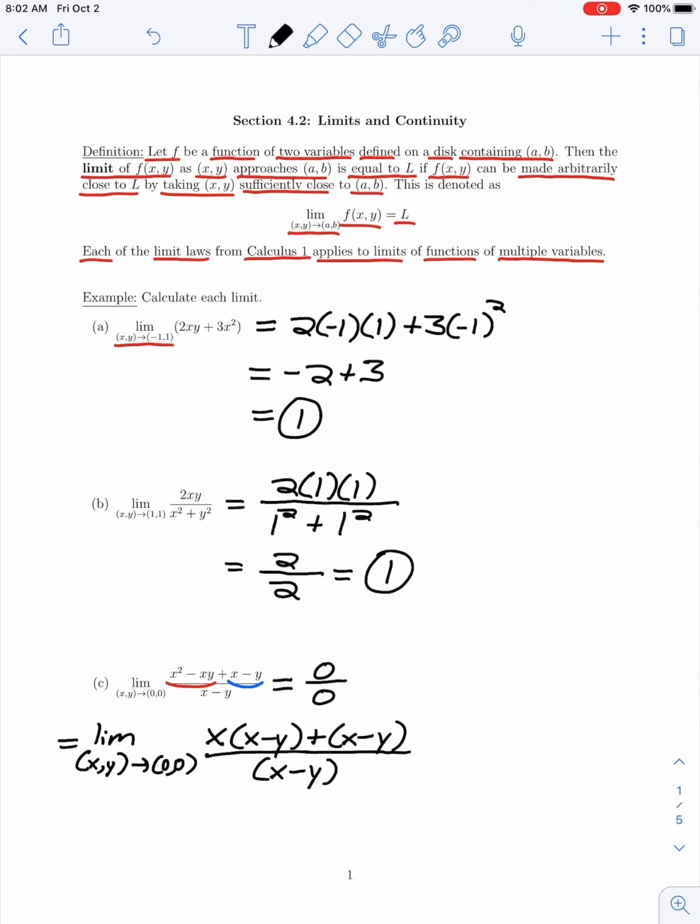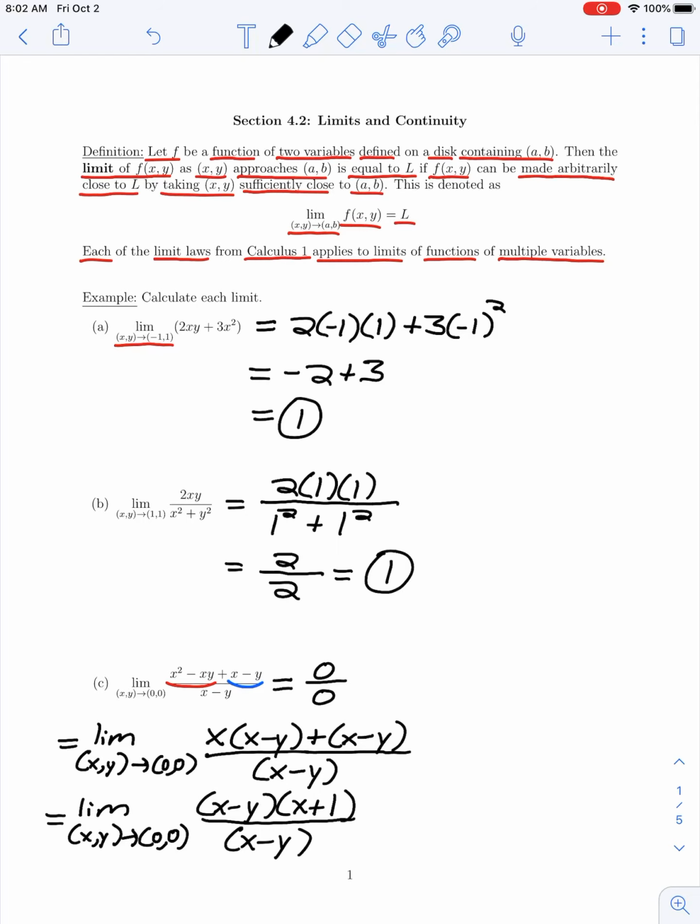So if I factor an x minus y from the numerator, I'm left with an x plus 1 all over x minus y.